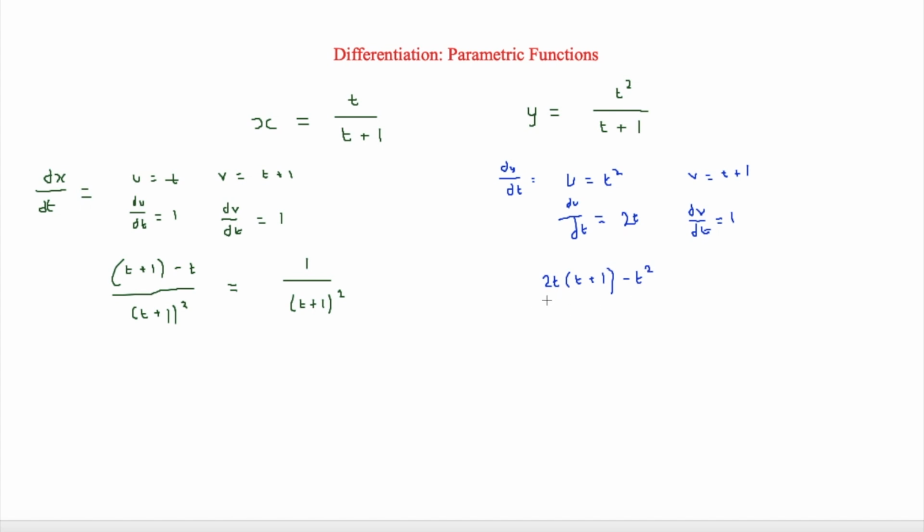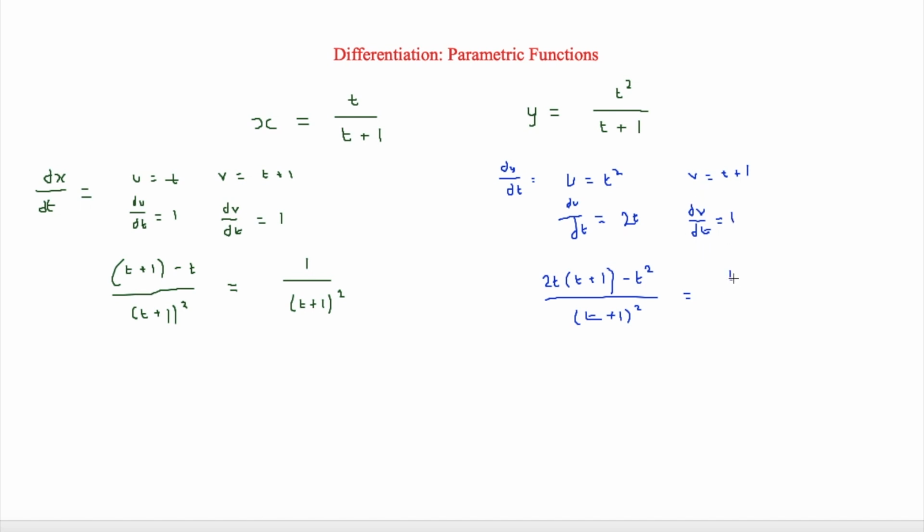That will all be over t plus 1 squared. Now if we manipulate the top, we're going to get 2t squared plus 2t minus t squared.